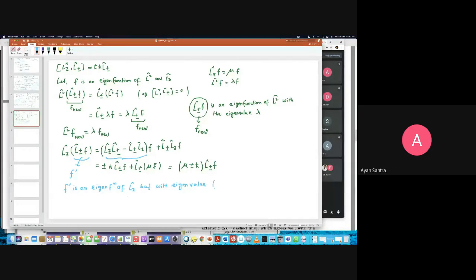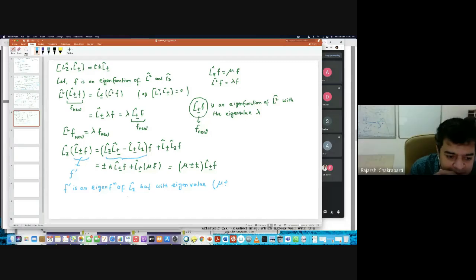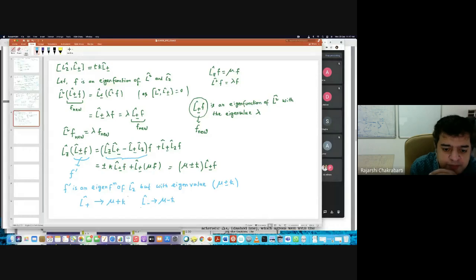Mu plus minus h cross. If it is L plus, then the eigenvalue is mu plus h cross. If it is L minus, then the eigenvalue is mu minus h cross, isn't it? That's why it is plus minus.